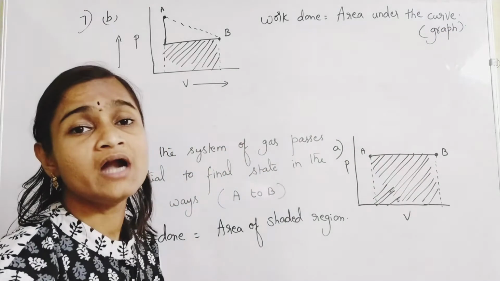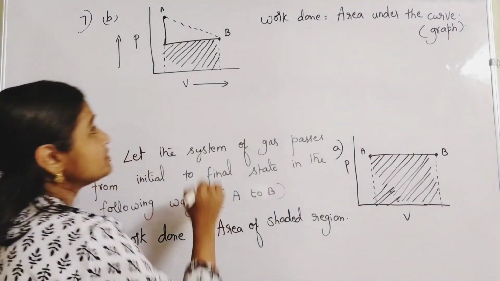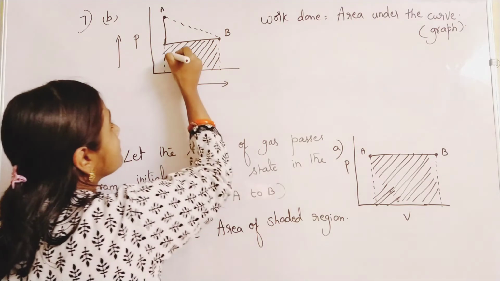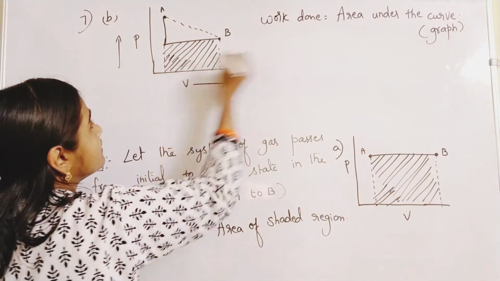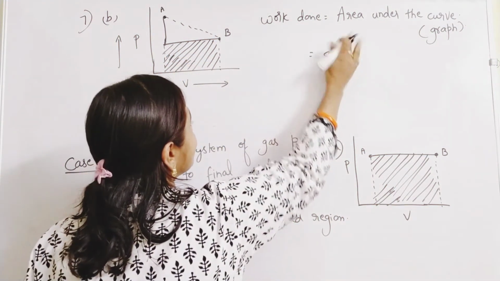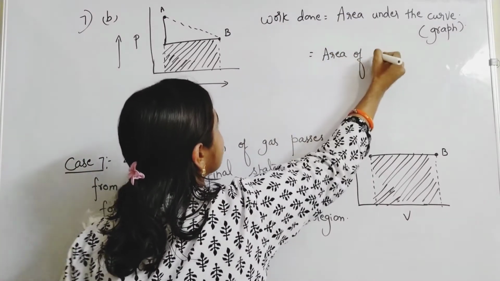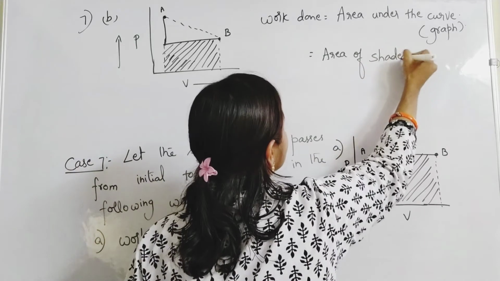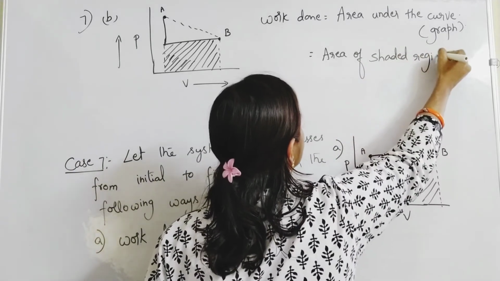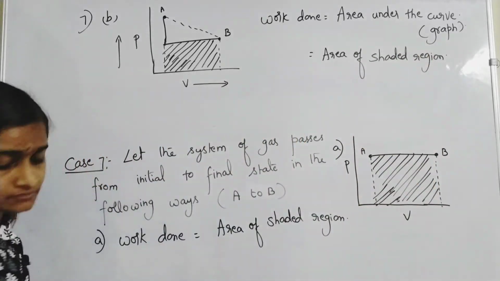Area under the graph will give you the work done. So work done is equal to the area of the shaded region.